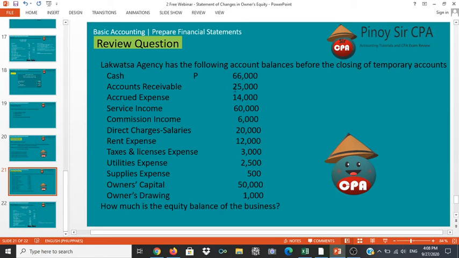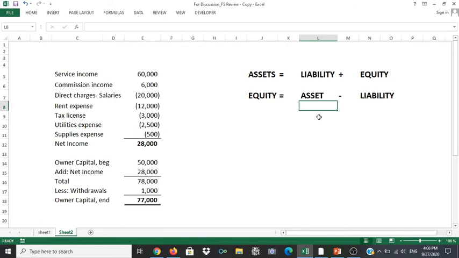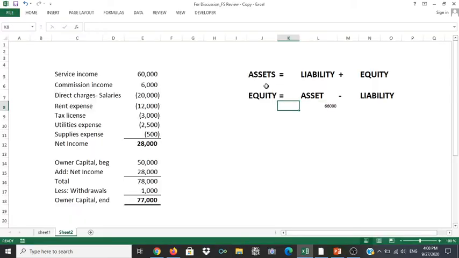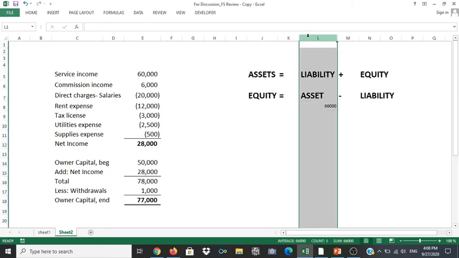Cash and accounts receivable. 66,000 and 25,000. So, sulat lang natin, no? You have cash na magkano? 66,000. Tama? Then, magkano daw yung accounts receivable? Ito, 25,000.